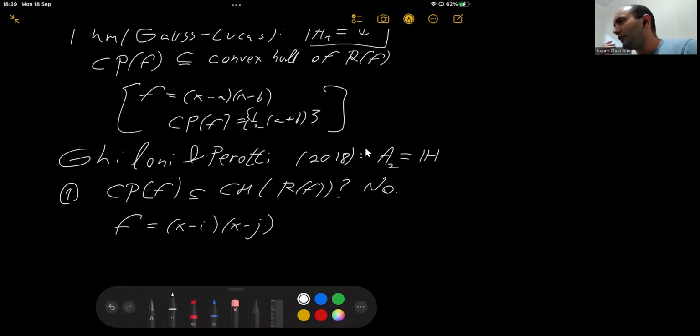So you remember that I mentioned that each polynomial, like in the composition case, has roots which are either isolated or spherical. So here, j is certainly a root of the polynomial. If i were a root as well, it wouldn't be this polynomial, it would be x squared plus 1. So the mere fact that we don't have x squared plus 1 means that i is not a root of this polynomial.